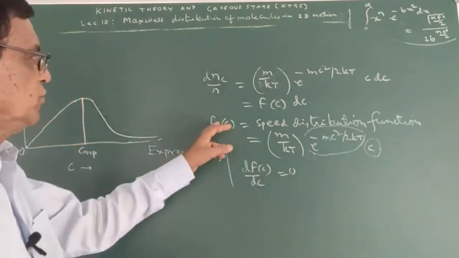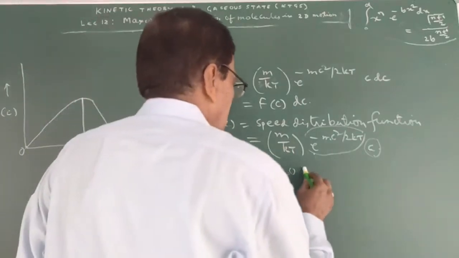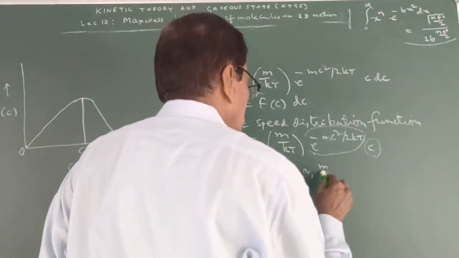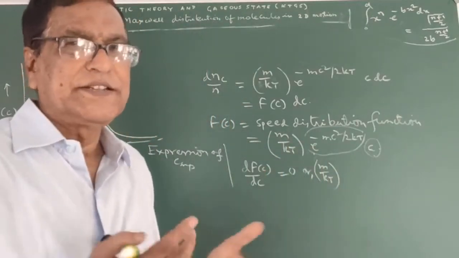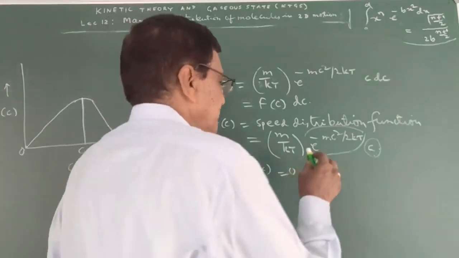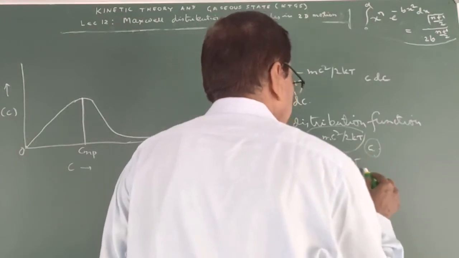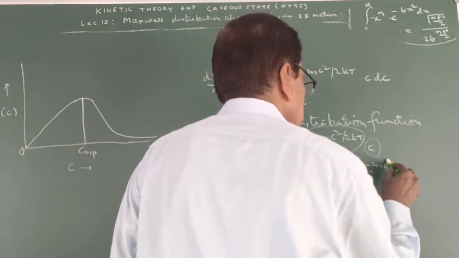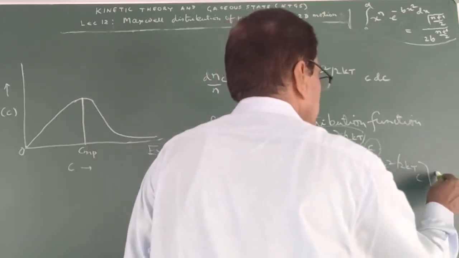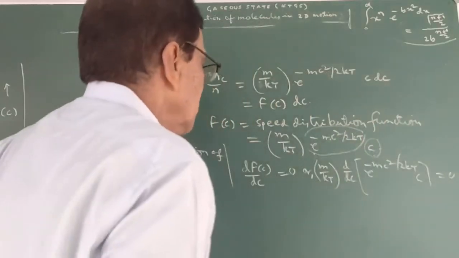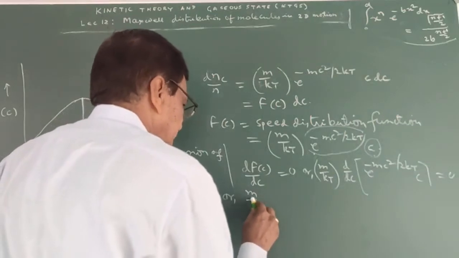If we put this value of Fc here and differentiate with respect to C, then m by kT will remain as it is, constant, and here d by dC of e to the power minus mc square by 2kT into C is equal to 0.